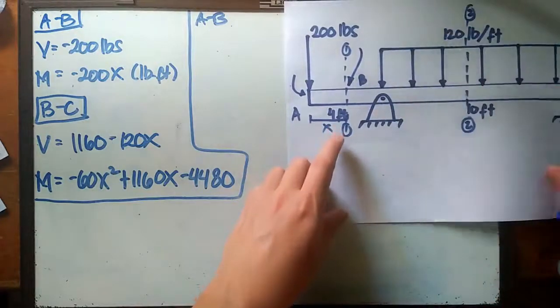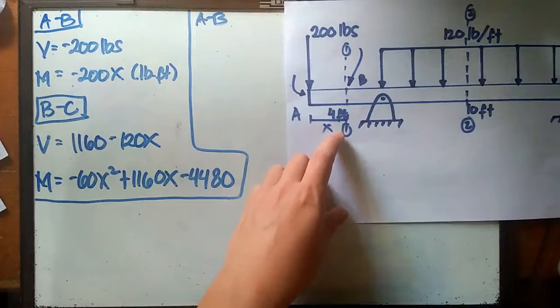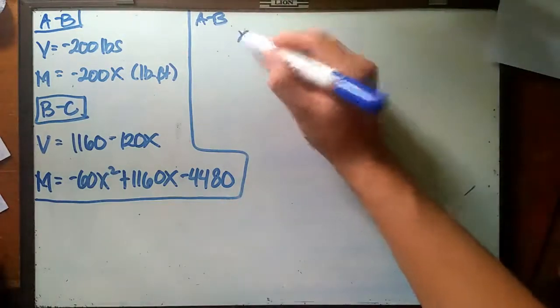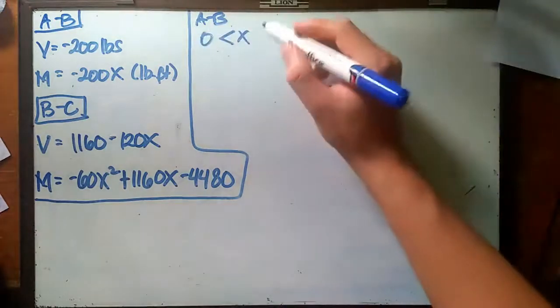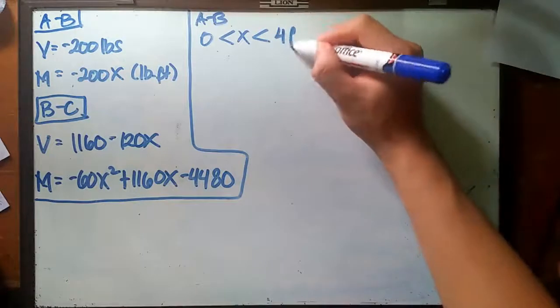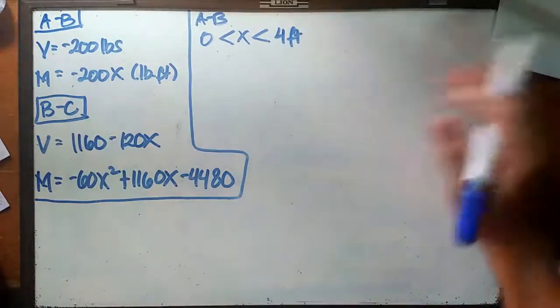So all we need to do is to assume that the value of x is greater than 0 but less than 4 feet, because we are approximating here the value of x.